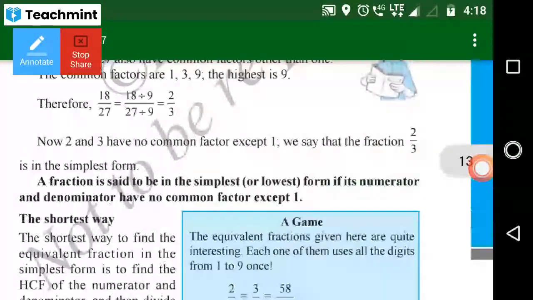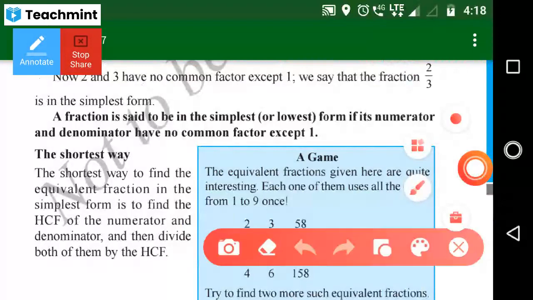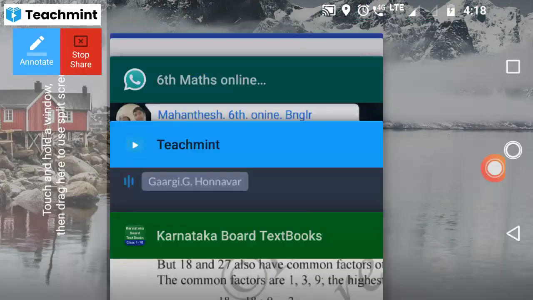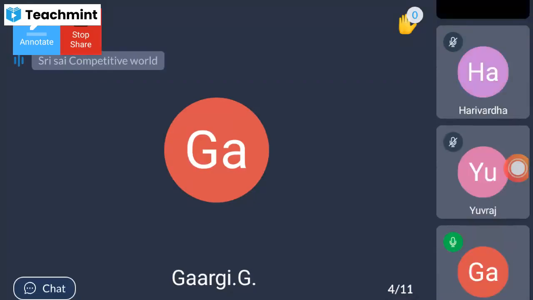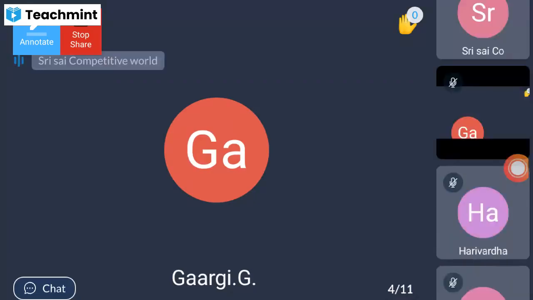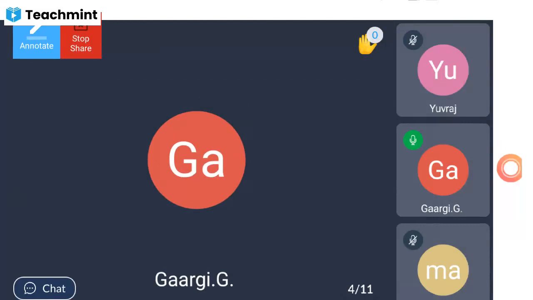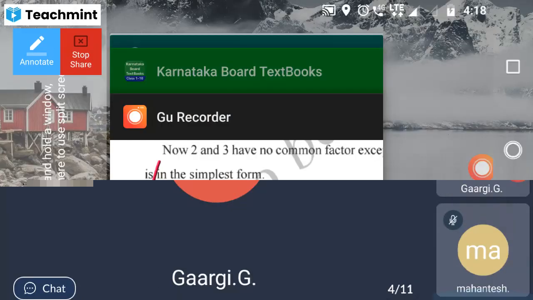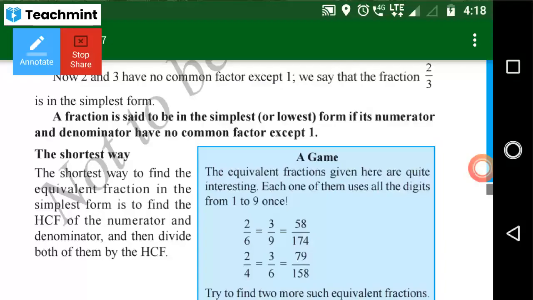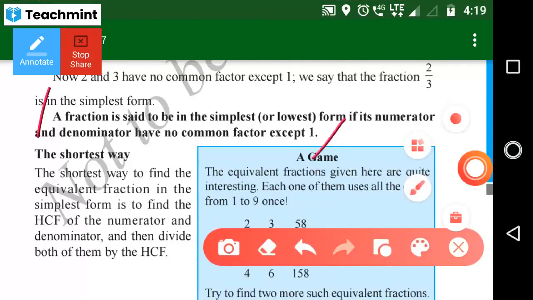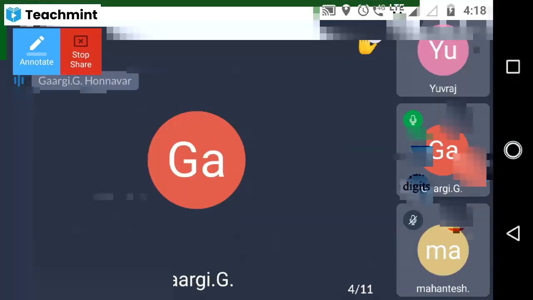You want holidays? No, ma'am. So from 21st onwards, my school will start full day, mornings 9:30 to 4:30.